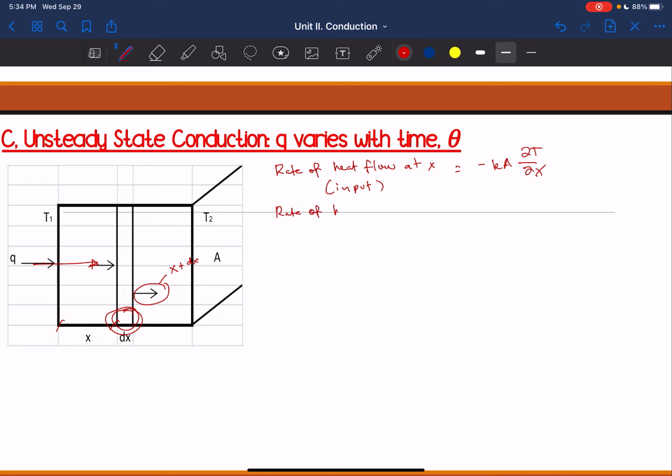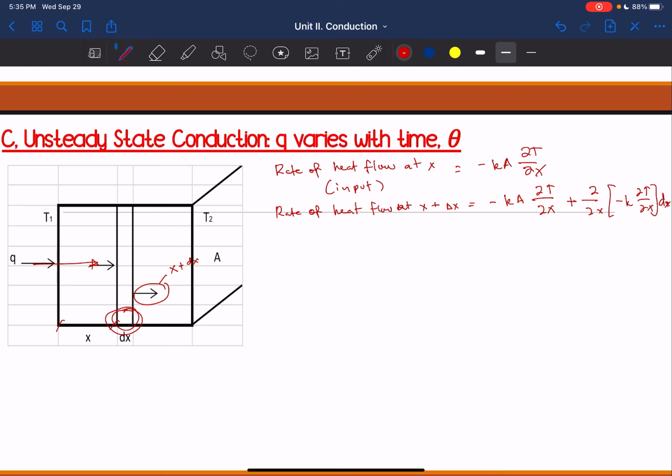So rate of heat flow at X plus your delta X would be negative Ka partial T partial X. So yan yung nasa first, plus either the accumulation or your partial of partial X of the same, negative Ka partial T partial differentiation of X dx.